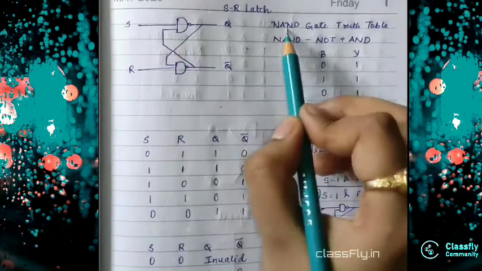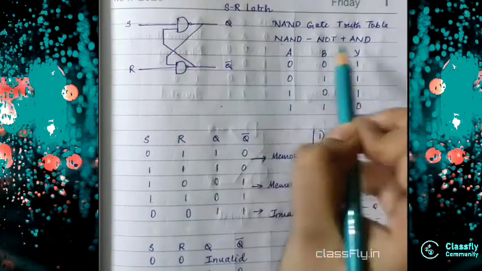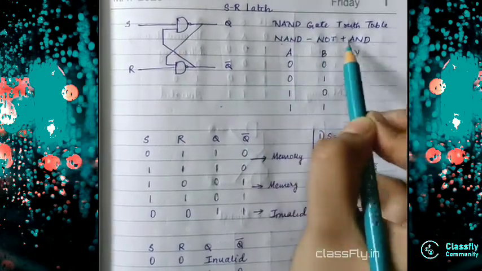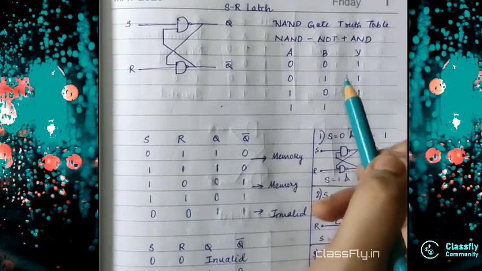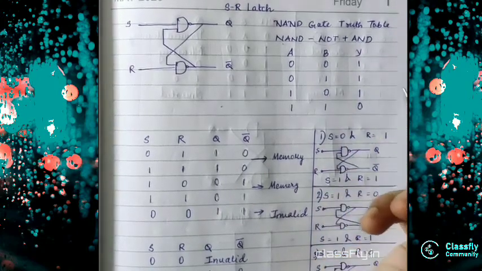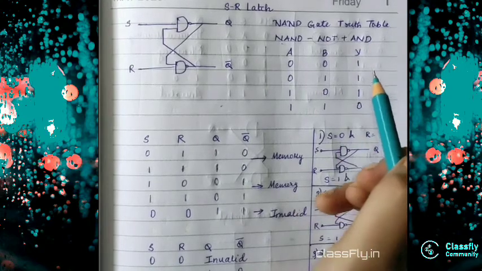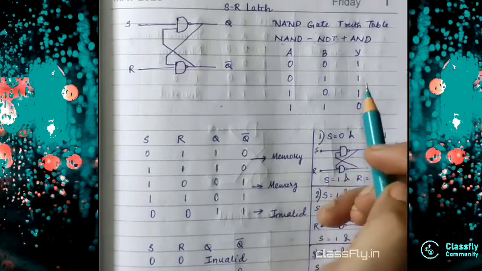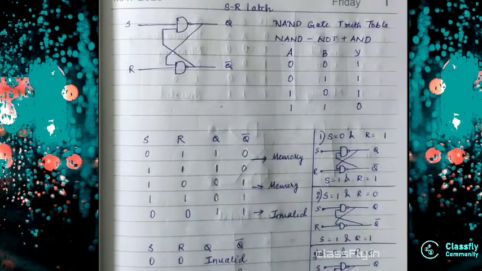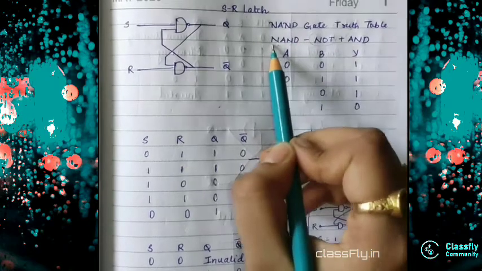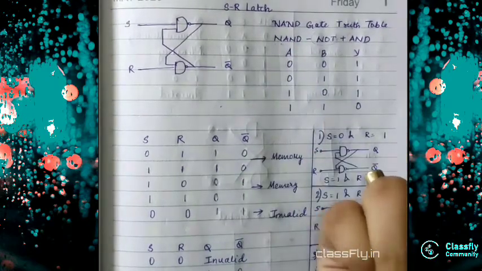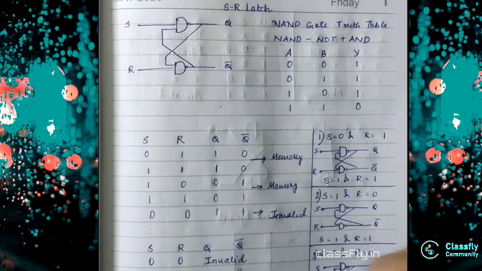We know the NAND gate truth table: NAND is the combination of the NOT gate plus the AND gate, right? AND gate means multiplication, so if any of the variables is 0, we will get a 0 in the output. But as it is NAND, whenever there is a 0, we will get a 1 in our output.